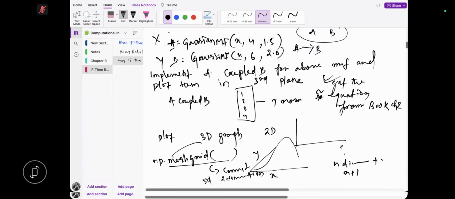That means if I pass np.meshgrid of x and y, it will return x values and y values from 2 dimensions to 3 dimensions.